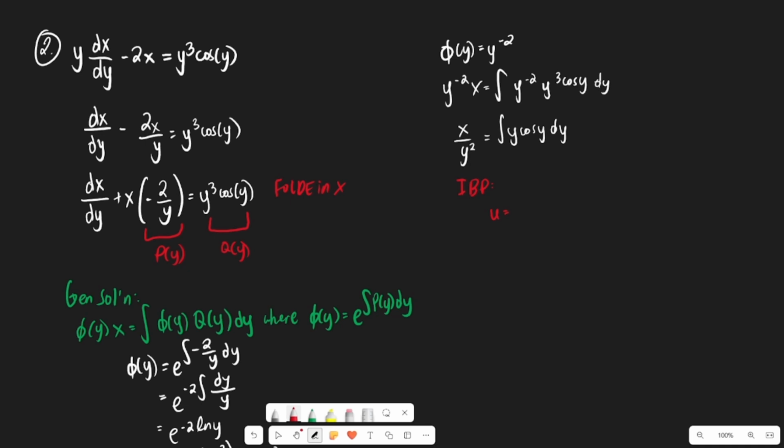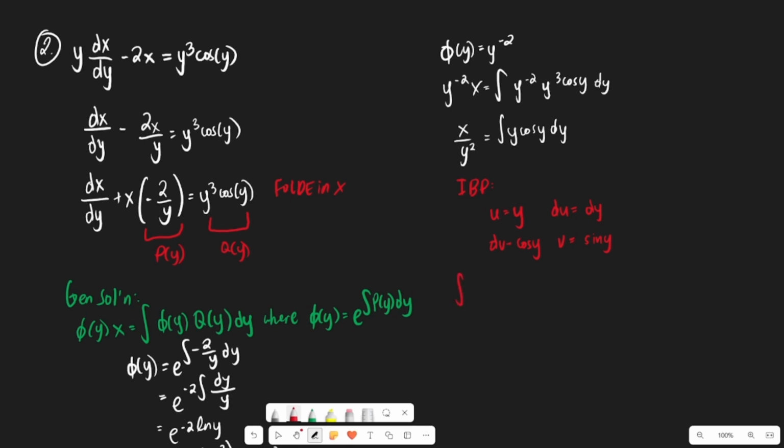So let's choose y as our u and dv as cosine y dy. Then du, the derivative of u, is just dy, and v is the integral of dv, which is sine y. Now let's have the formula for IBP.